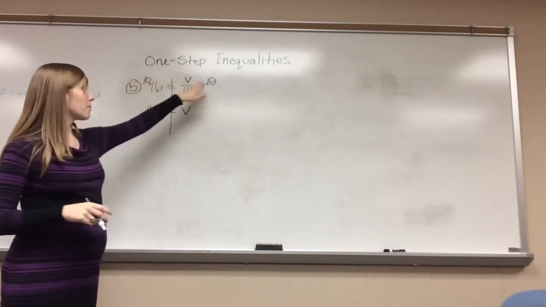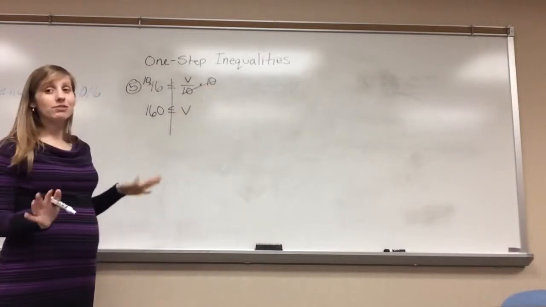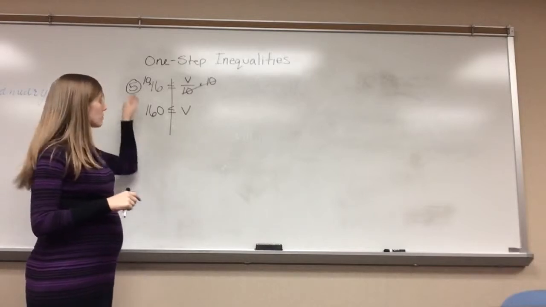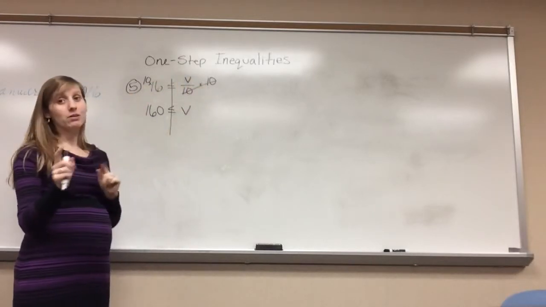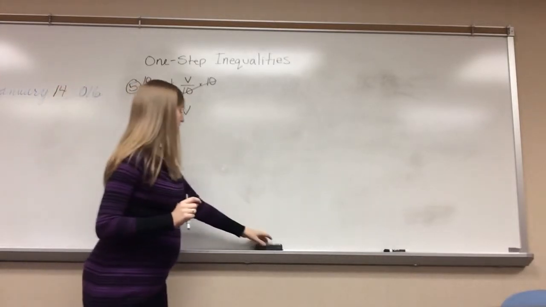Both sides, I have a positive 10 here, okay? Not negative. So I don't have to flip the inequality sign. Only flip the inequality sign when you're multiplying or dividing by a negative number, okay? So in this case, I don't have to flip it.